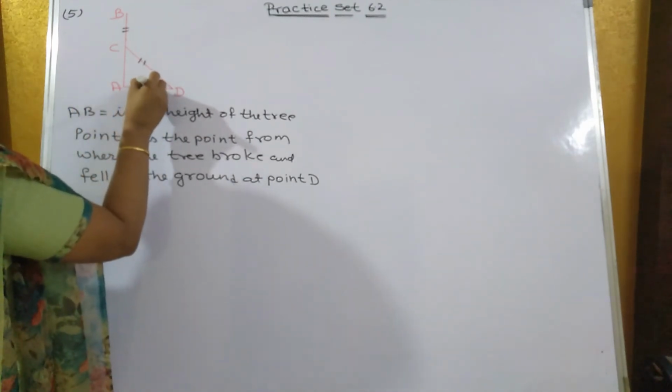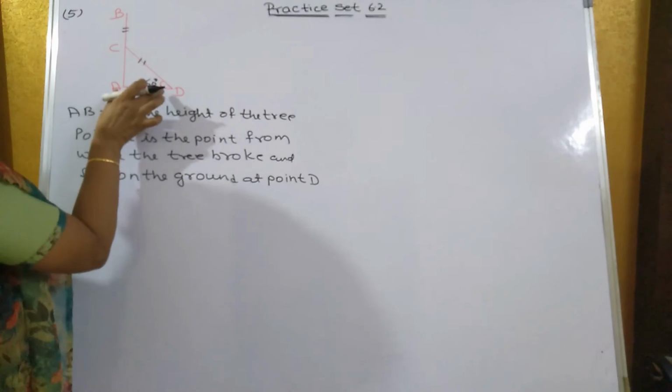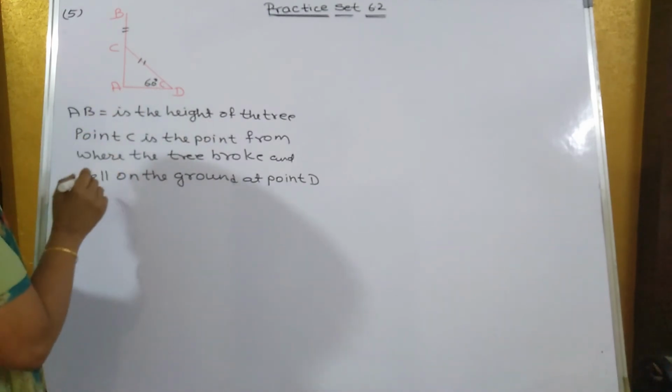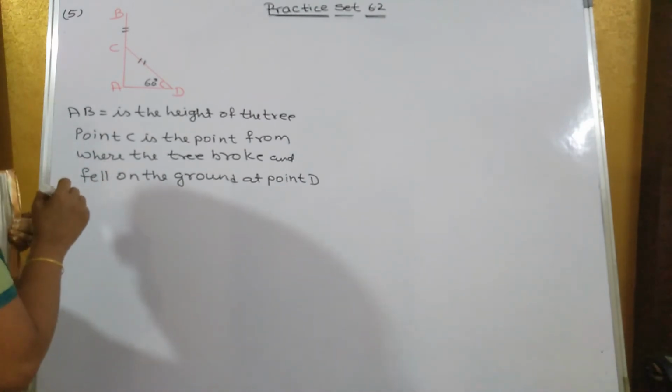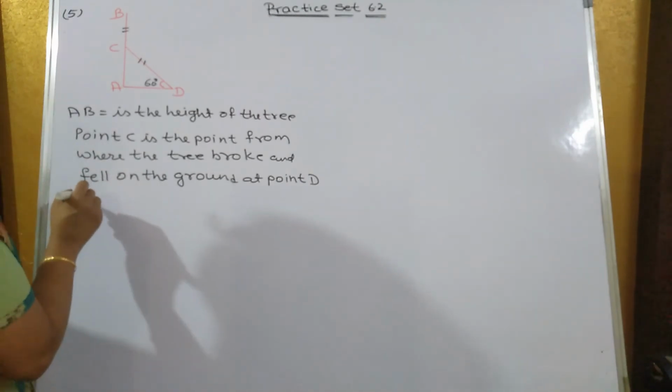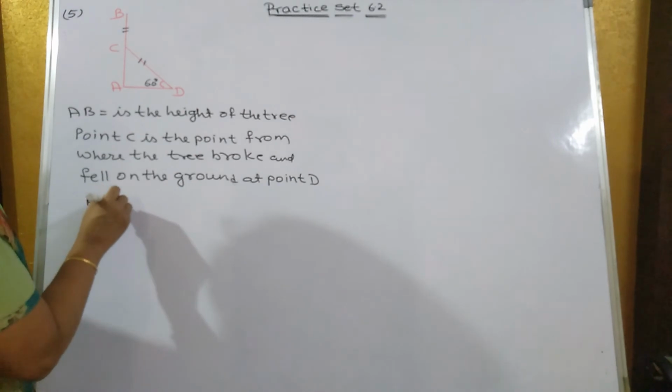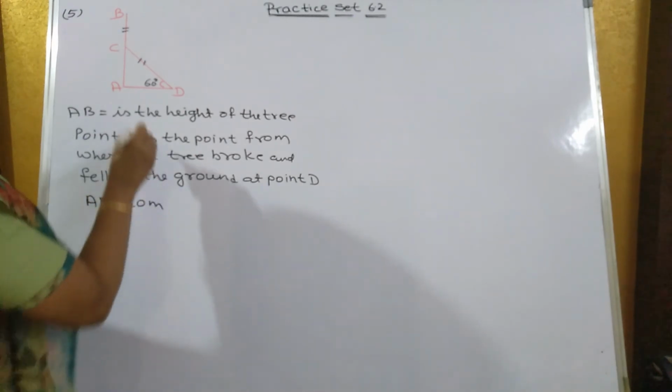So this angle is given 60 degree and the distance between the tree and the tree top rested. So AD is equal to 20 meters. So this is 20 meters.